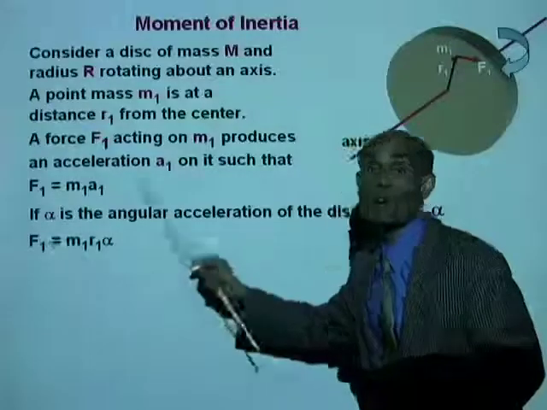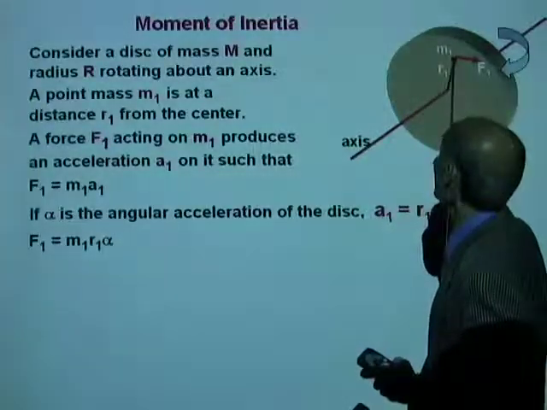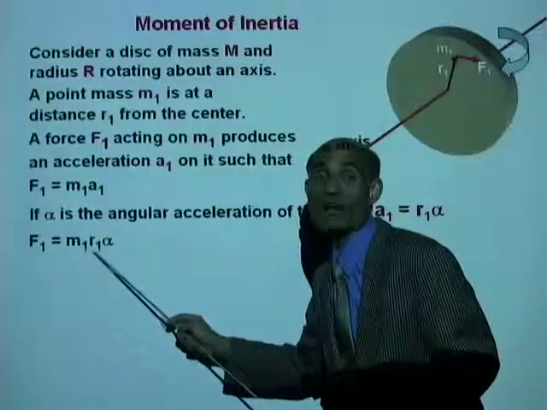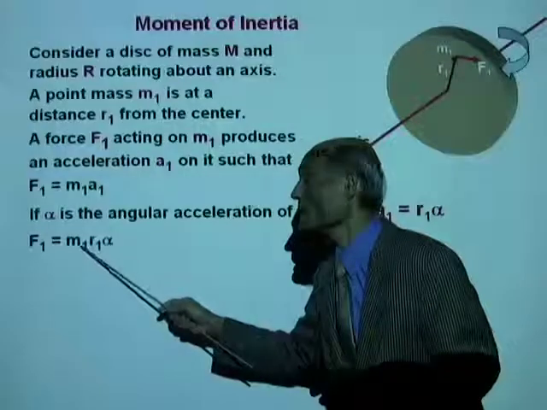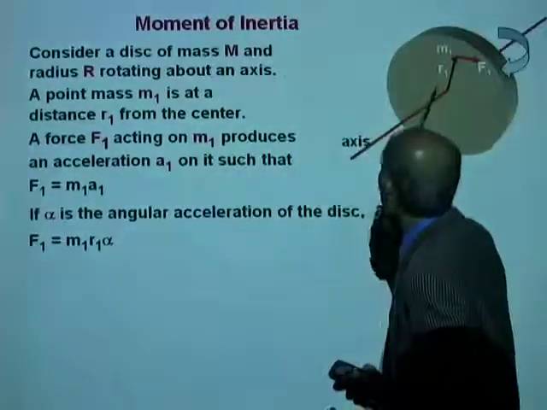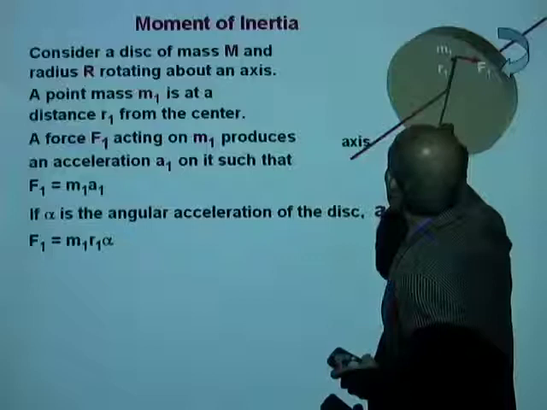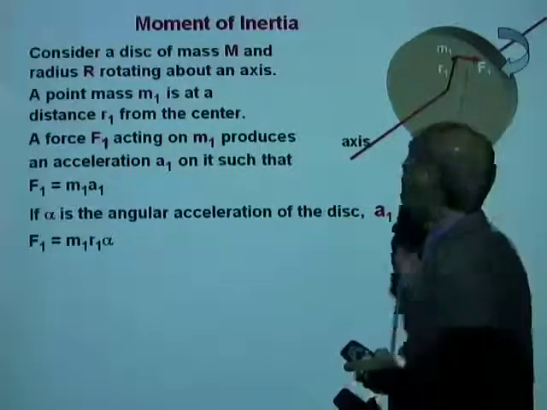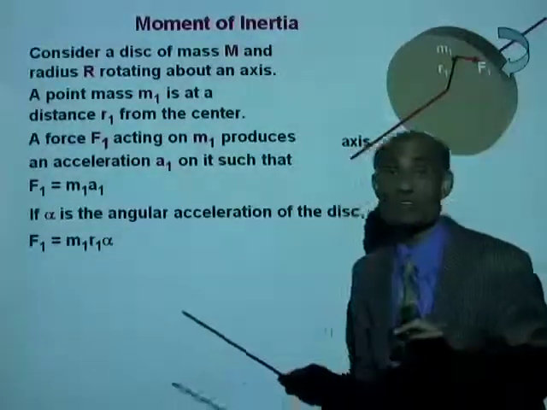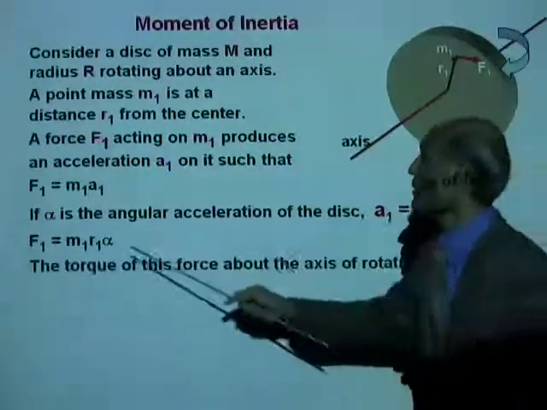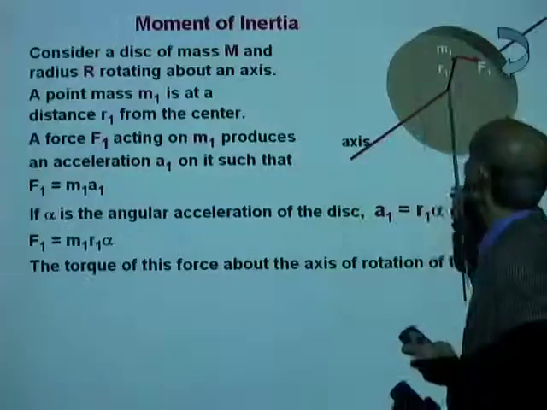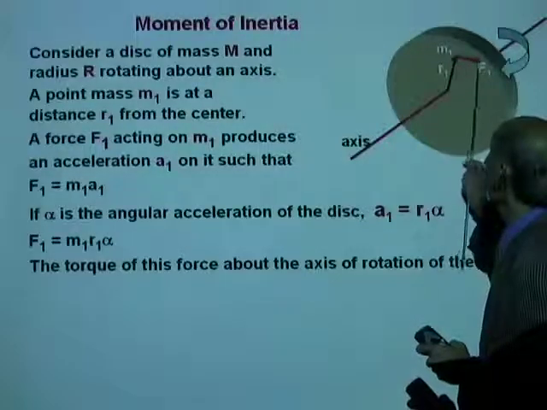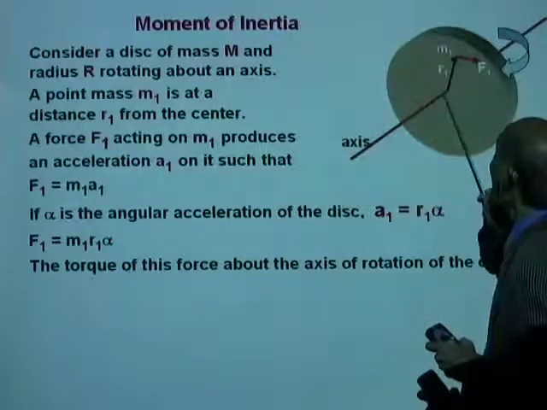Therefore, we can say F1, the force acting on this point particle, is m1 r1 alpha, where m1 is its mass, r1 is the distance of the point from the axis of rotation, and F, the force, is at right angles to that distance. Alright, what is the torque of this force F1 about this axis?